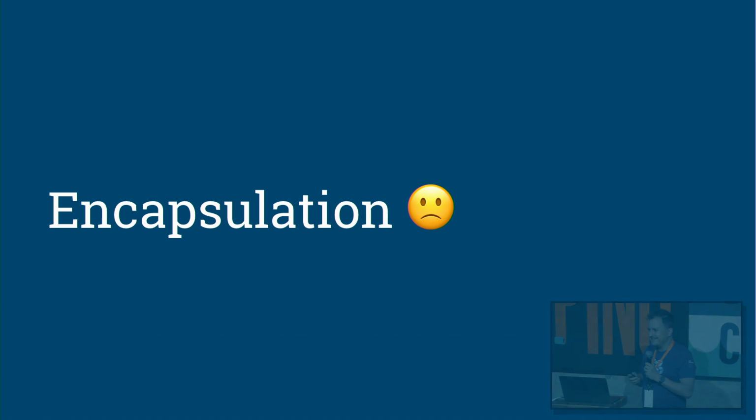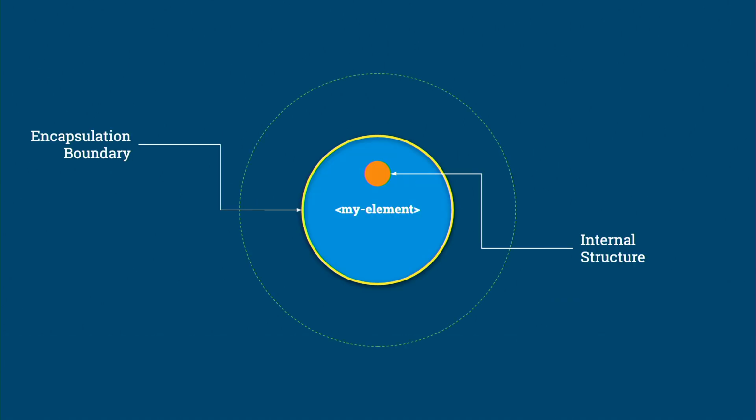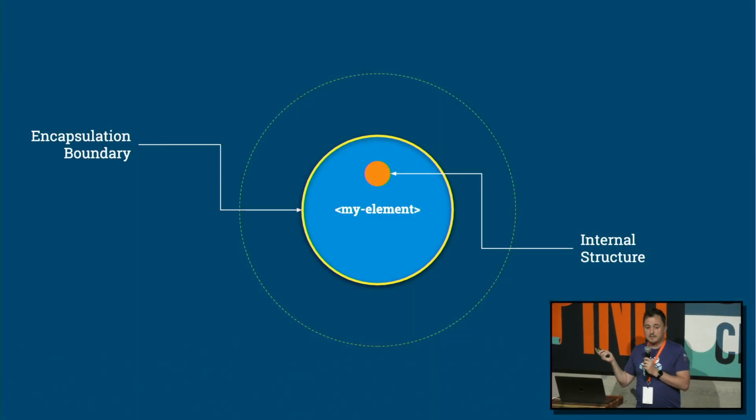So the real story is somewhere in the middle. What's really happening here is that with Shadow DOM encapsulation, you have some internal structure to your component. There's some internal piece of that component that you're using to implement it that you also want to allow to be styled and customized. And so encapsulation gives you this yellow circle here, this encapsulation boundary, and Shadow DOM makes that fairly strict.